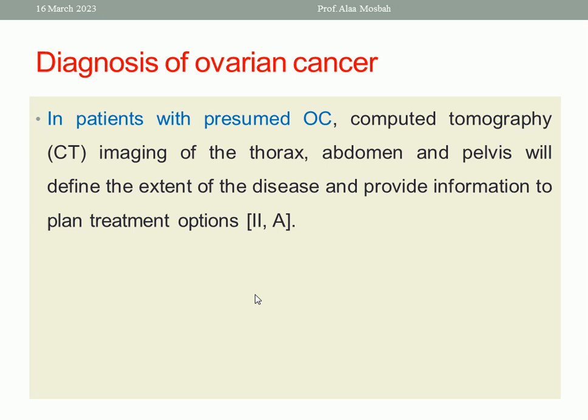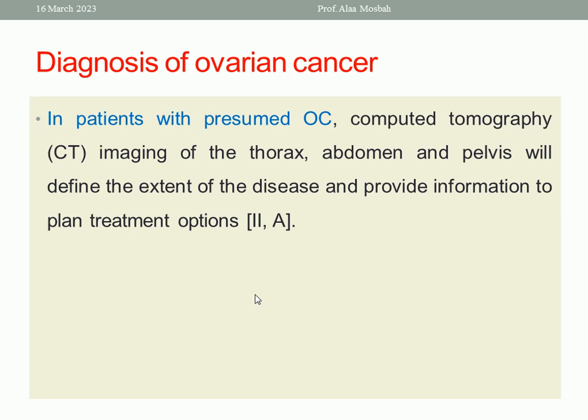Now you are diagnosing ovarian cancer. You need to do more imaging. What are you going to choose, CT, computed tomography, or MRI? I'm going to choose CT. The guideline said CT is important. CT on the pelvis, abdomen, and the thorax.